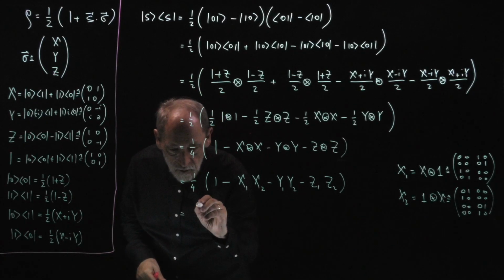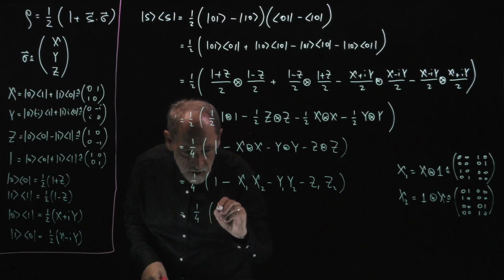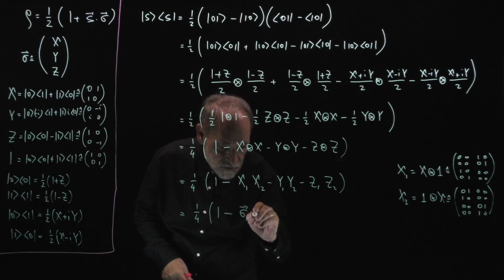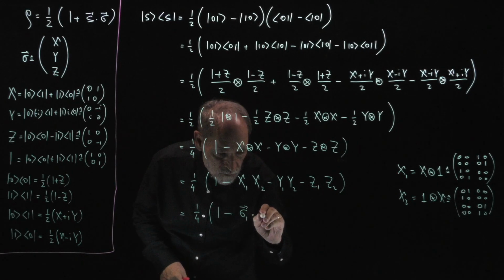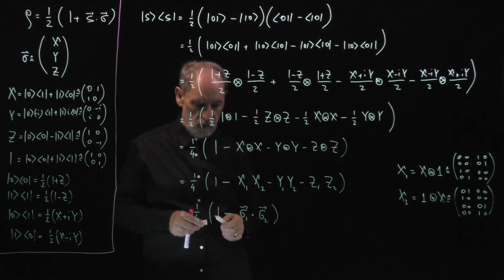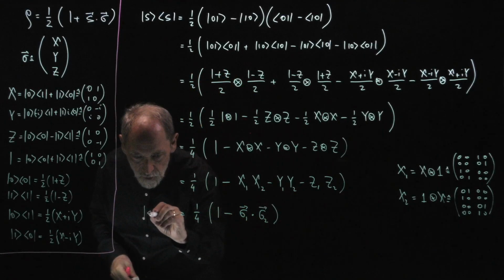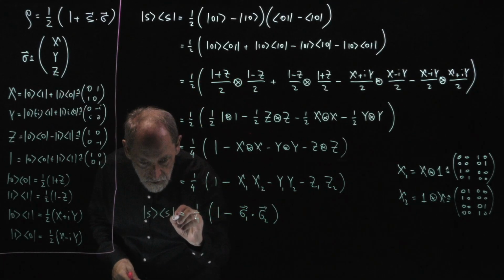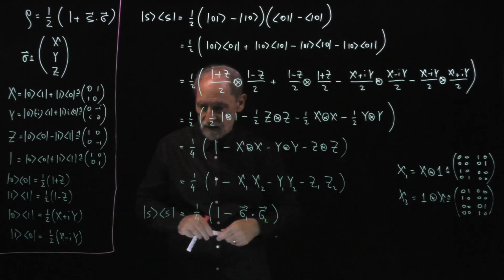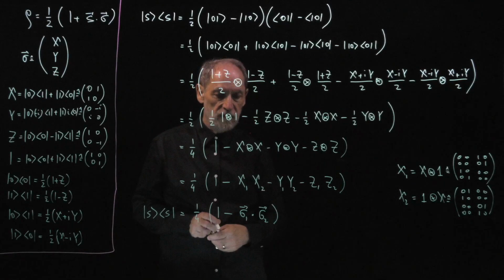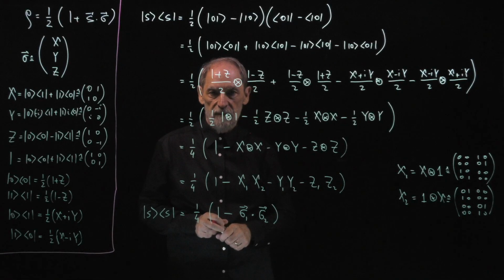So in the end, what we have is 1/4, 1 minus the full sigma vector operator for the first qubit, and then the dot product with the full sigma operator for the second qubit. And this now is a very compact way of understanding the singlet ket-bra in terms of the Pauli operators that refer to the two qubits.